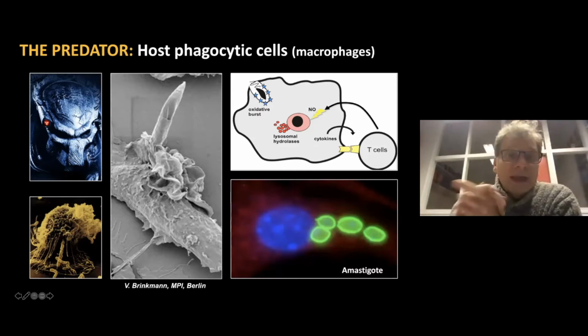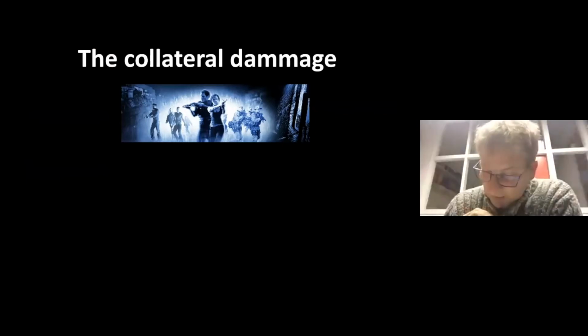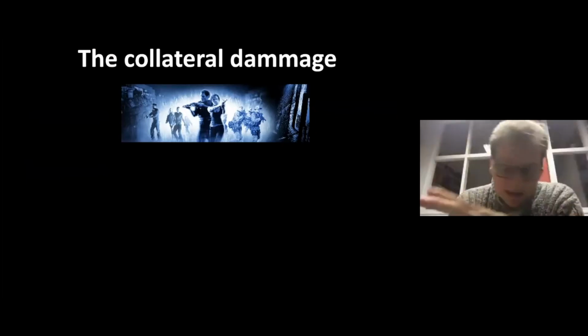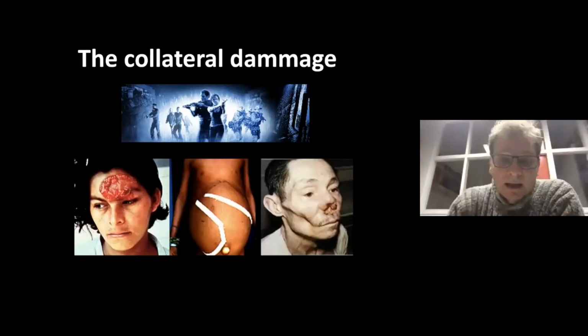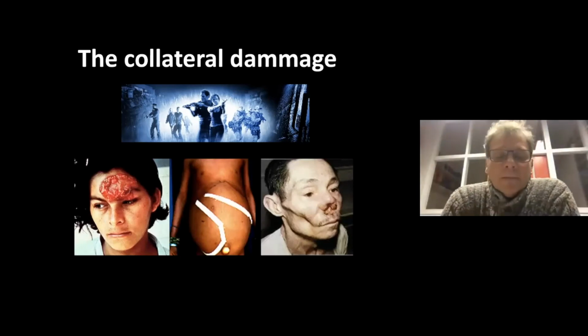Then, of course, in every kind of action movie, unfortunately, there is a lot of collateral damage. And in our case, the collateral damage, you guessed it, is us, because these two, predator and alien, fight in our body. And so here are just a few pictures of the typical symptoms or pathologies that are caused by Leishmania parasites.